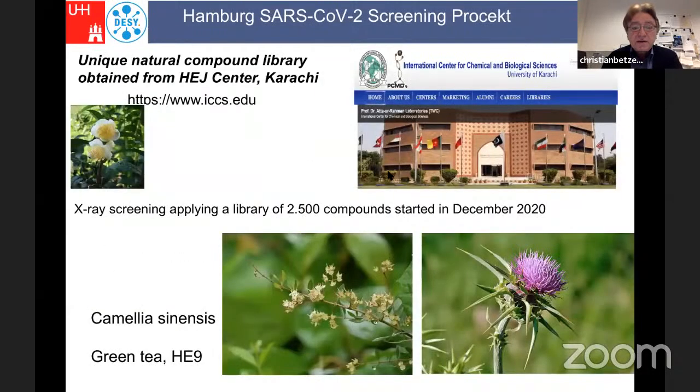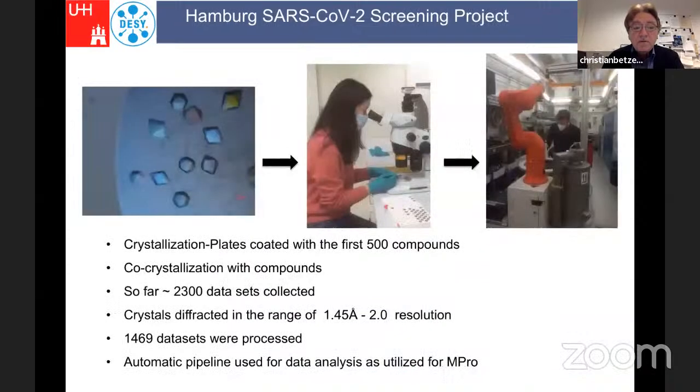And we applied a data bank obtained from, you are sitting close to this building I'm showing here, and you heard a lot of natural compounds we obtained from the Karachi Institute, this compound library. We started screening, same procedure with PLpro, and we collected data sets for the first 500 compounds.